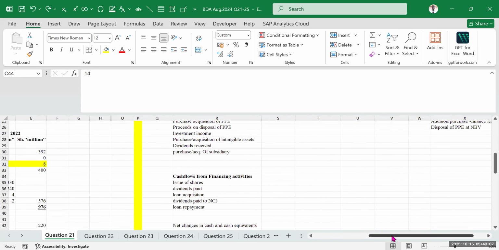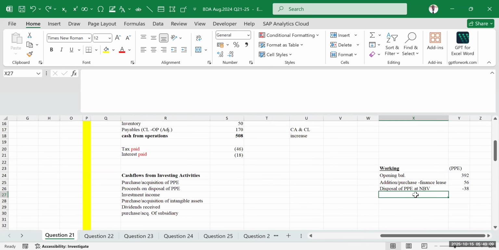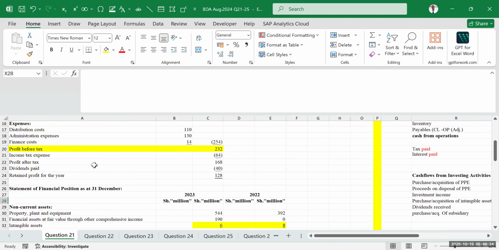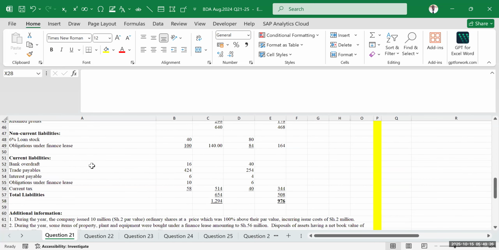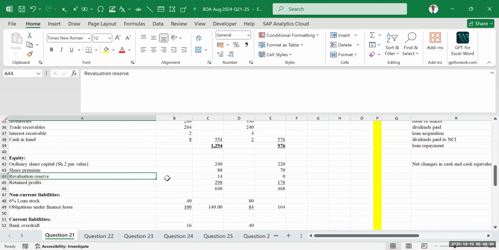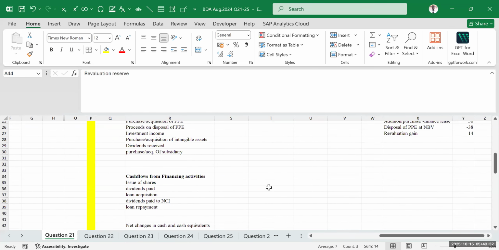Revaluation affects PPE. So most likely, the PPE was revalued. So I will recognize revaluation gain, and the revaluation gain I'll recognize is 14 million. It increases the value of PPE. And I've picked that from the equity element of revaluation reserve account. The movement in that account tells us there must have been some revaluation.